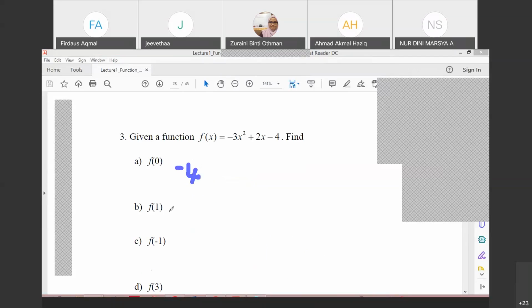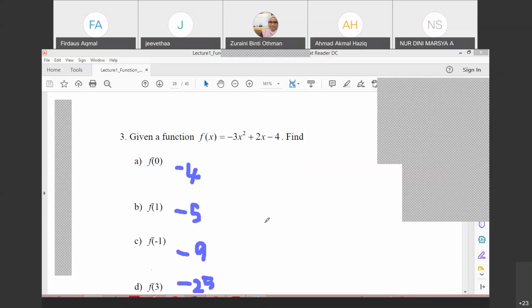F1 apa? Okay, negative 5. Okay. So, F negative 1? Negative 9. Okay. F3? Apa? Negative 20?